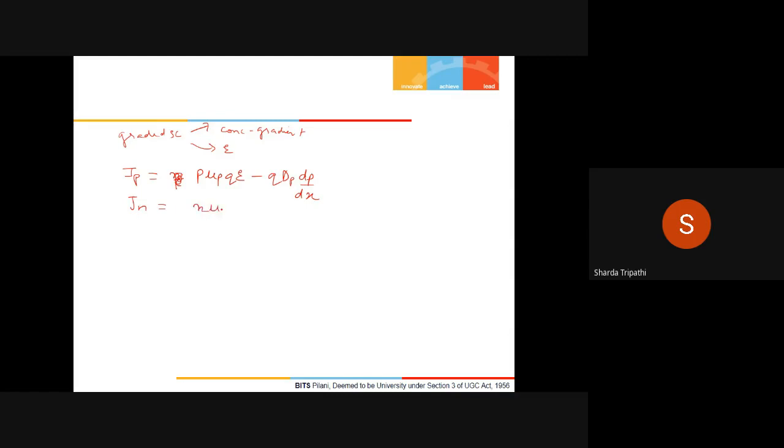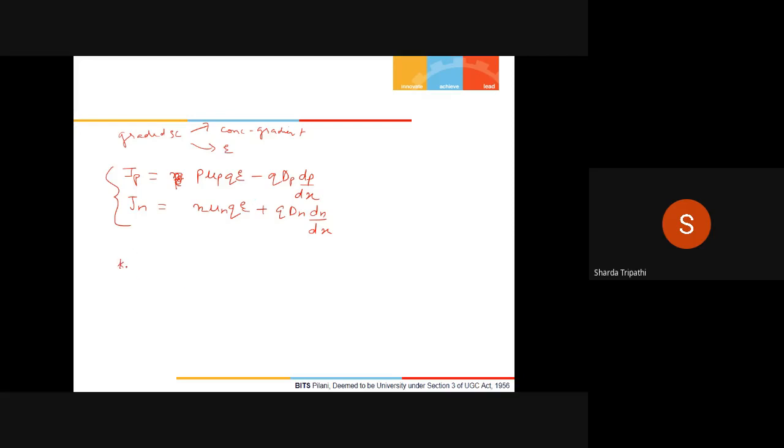This will be n into mu n into Q into E plus Q times Dn dn by dx. This component is due to the presence of the electric field, and this component is due to the presence of the gradient. So that is how we define the current density in a graded semiconductor in the presence of an electric field.